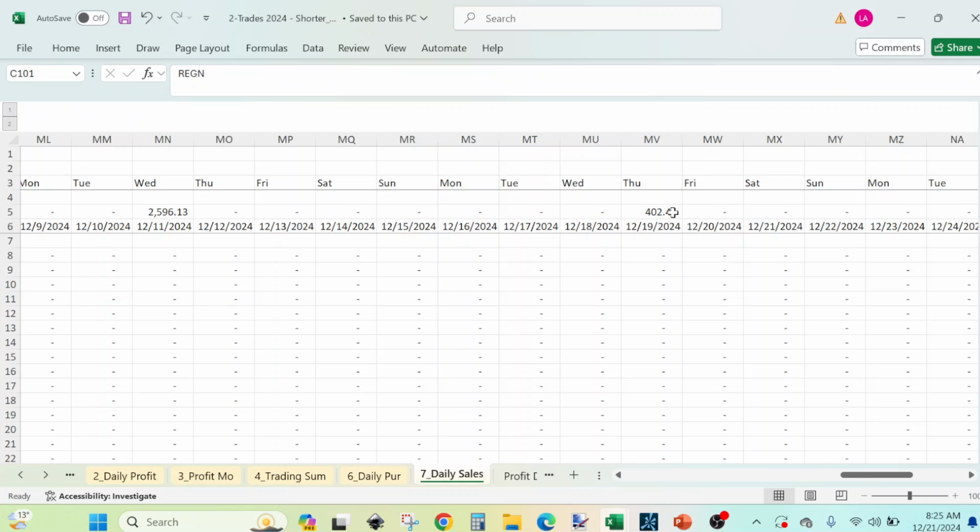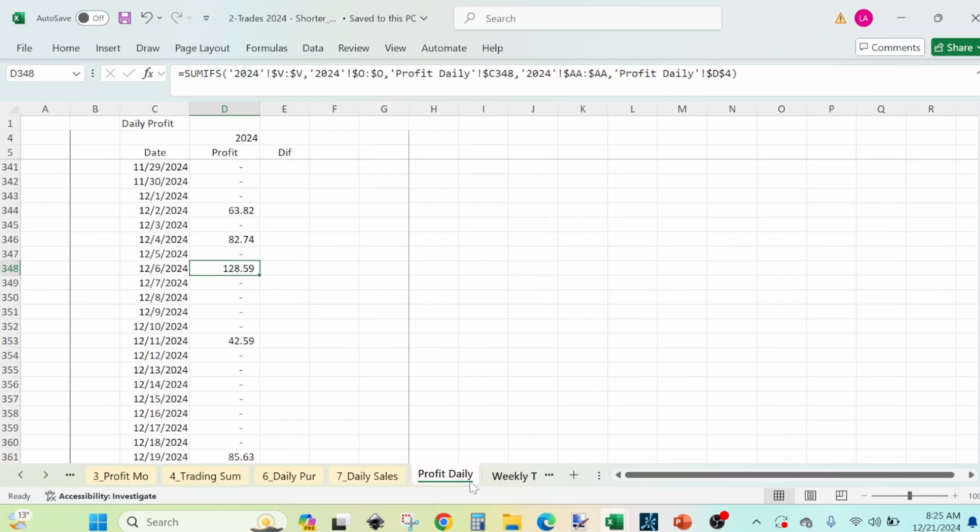So the daily profit, and here we will go down a little bit, and that is on the 11th and on the 19th.